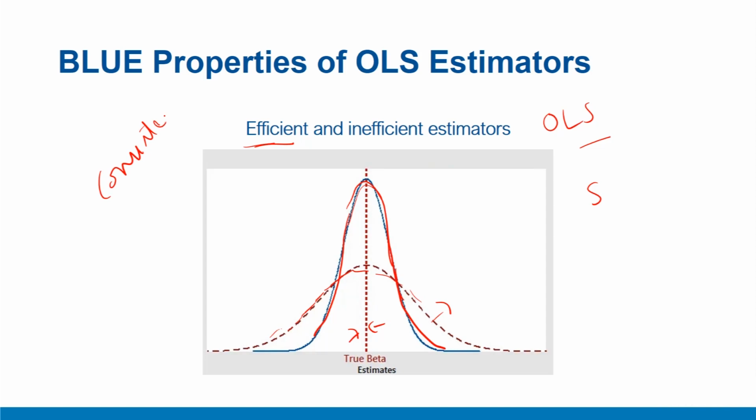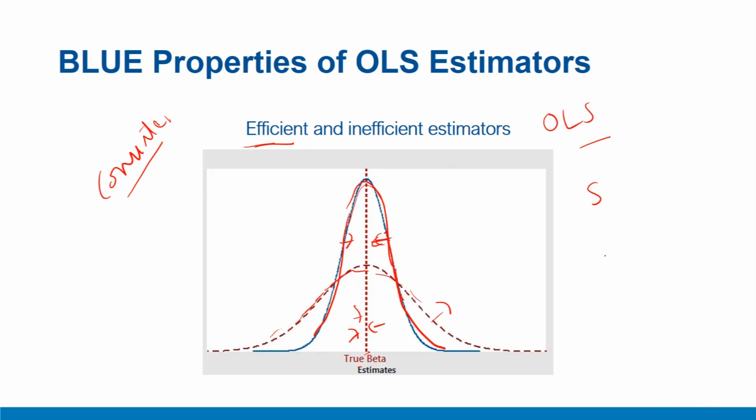What is consistency here? Consistency is that in large samples, the expected value and variance converge to the true beta. That means the estimate converges to the true beta. Its expected value becomes closer to the true beta and its variance becomes lower and lower.